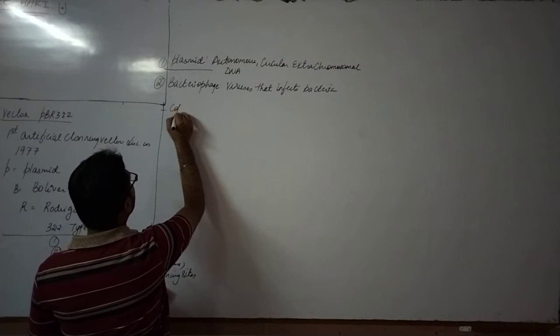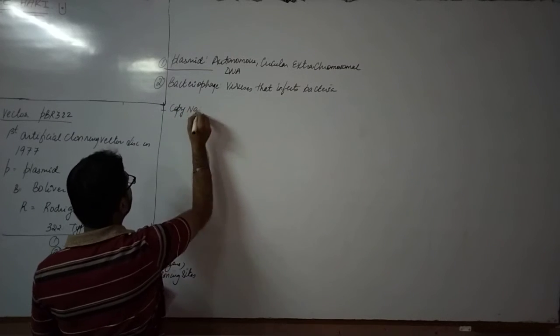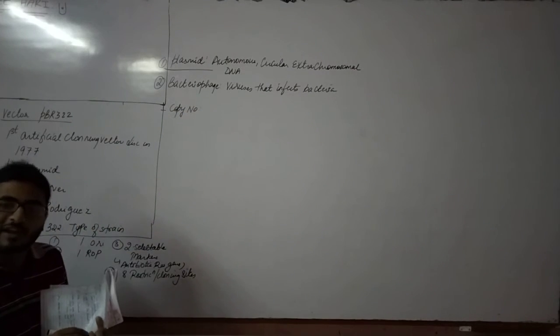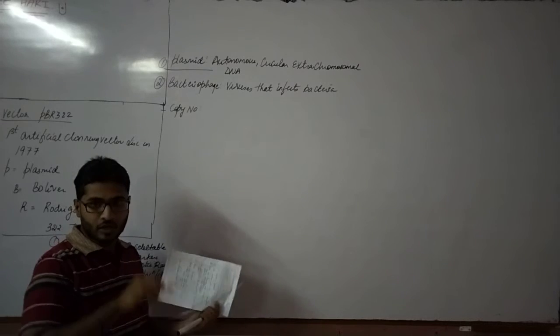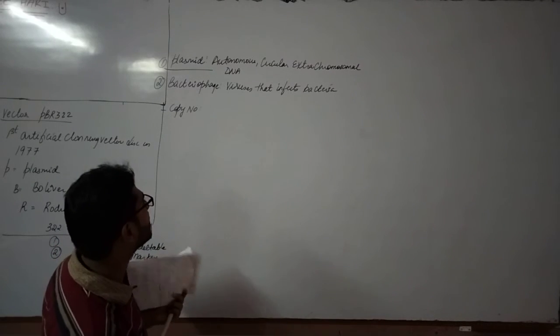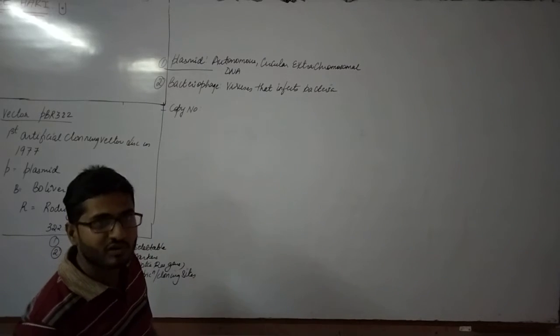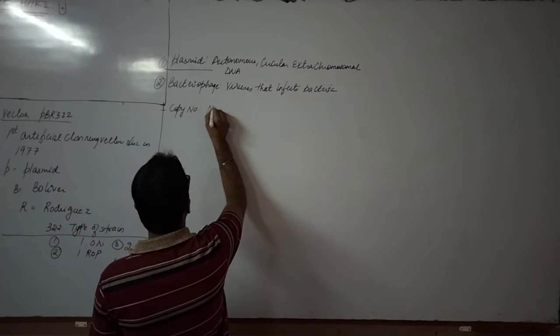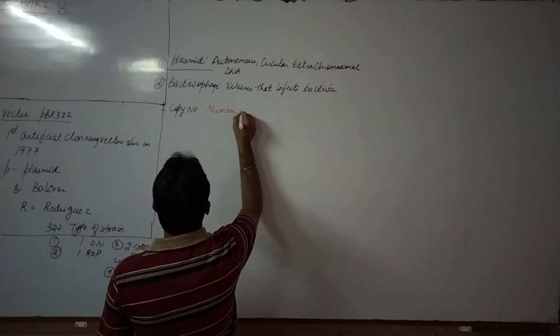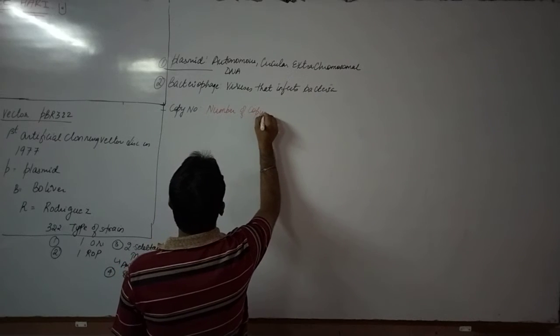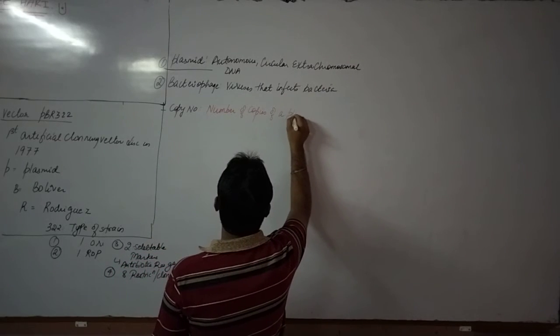Then we have to focus on one more important term, that is copy number. Copy number of a plasmid is very important when we are dealing with this type of experiment. Copy number means the number of copies that a particular plasmid has in a particular cell.